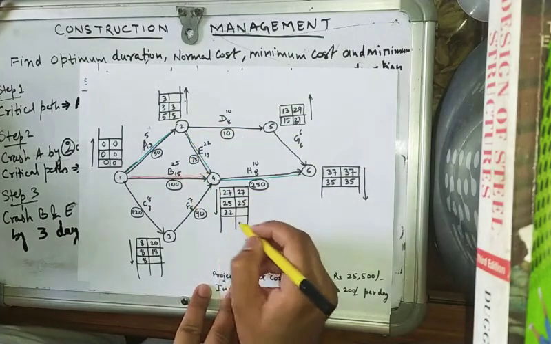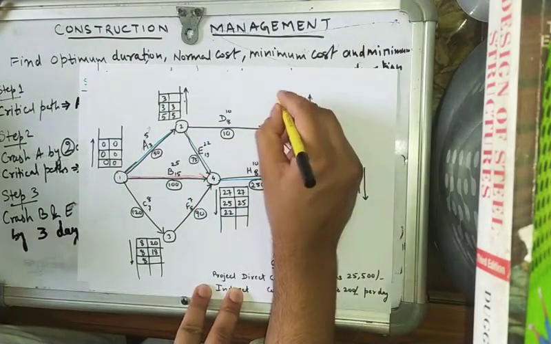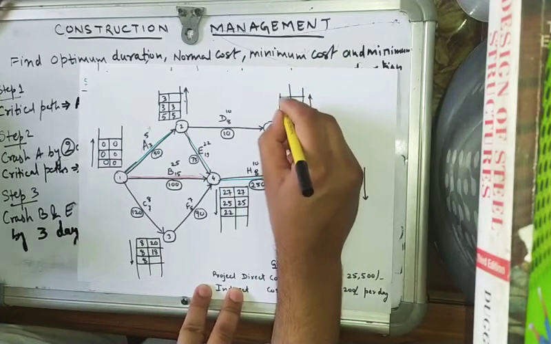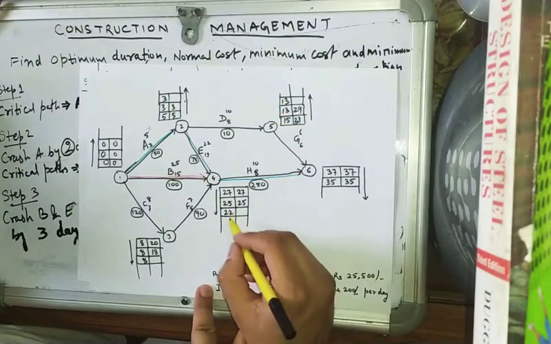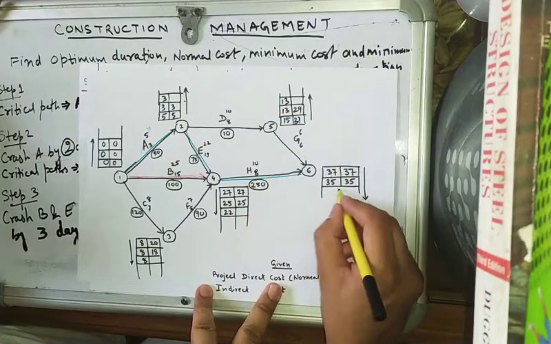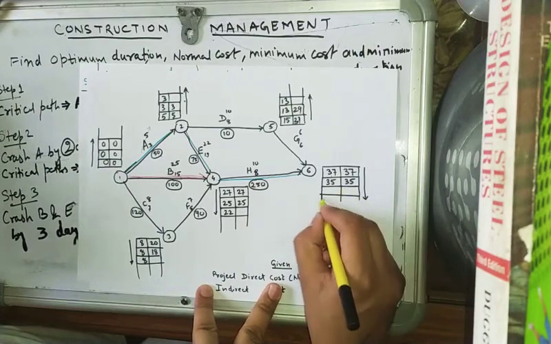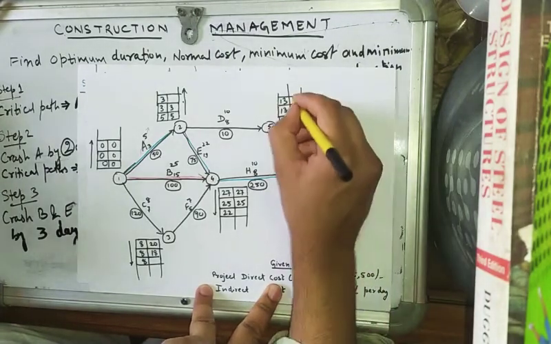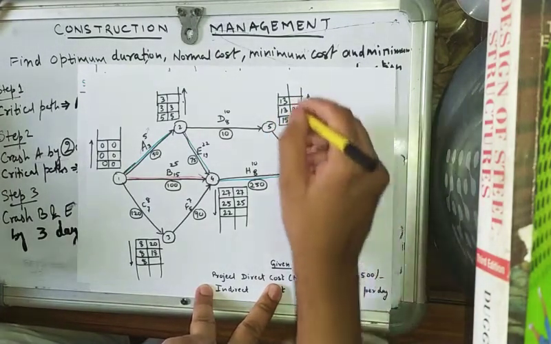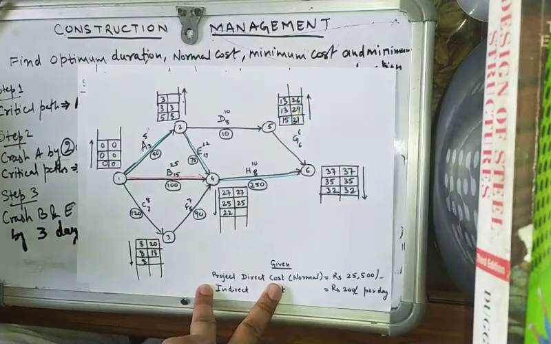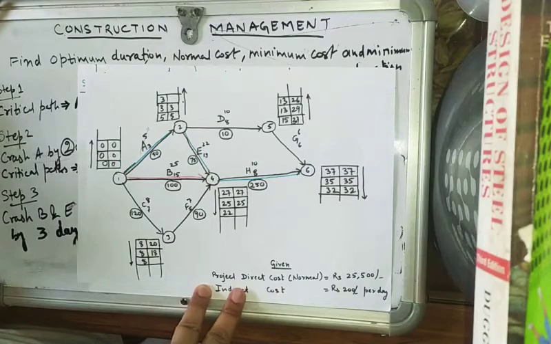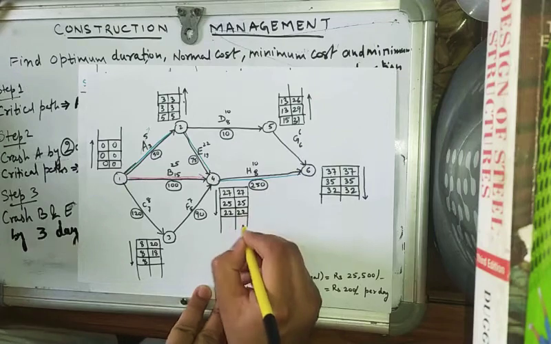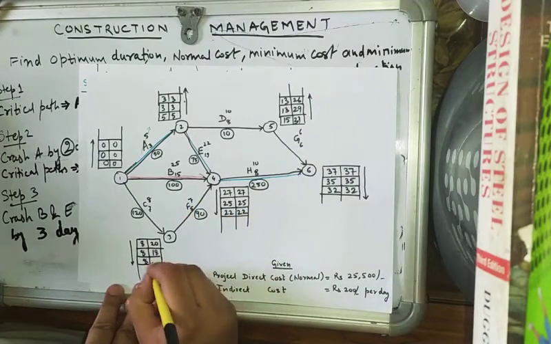So 3 plus 19 is 22. 22 and this will be 3 plus 10 is 13. So 22 plus 10 is 32. We'll calculate LOT value. 32 minus 6 is 26. 15.